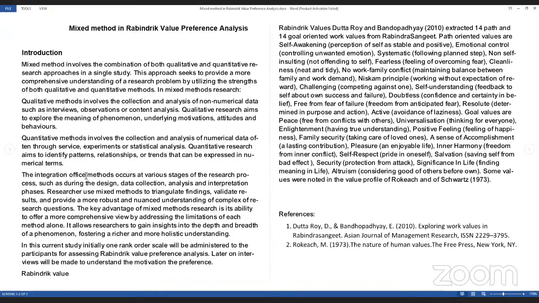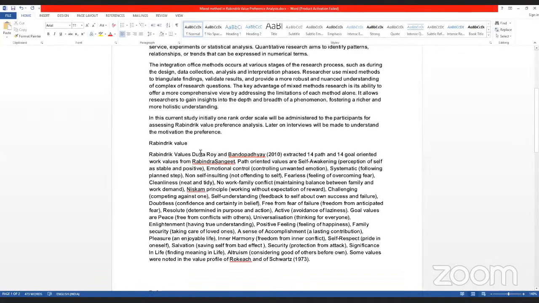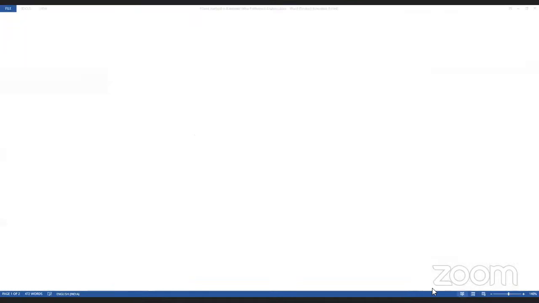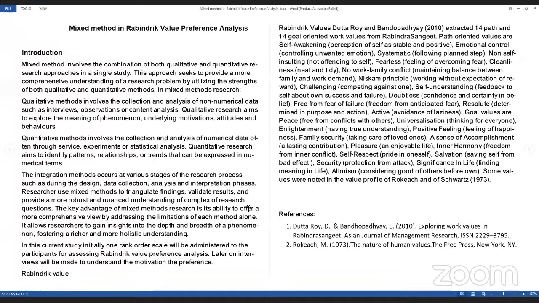Researcher... what will be there, sir? Integration methods. Okay, sir. You have written methods, then it should not be "occurs", it should be "occur". Please write it somewhere, then change.